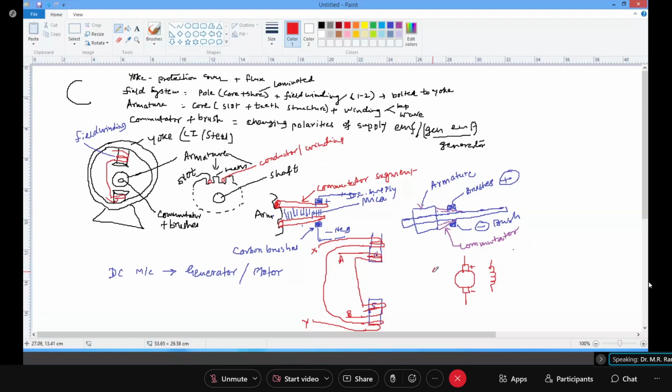Normally these indicate brushes. This is A, and they are marked A in most laboratories. Similarly, this is the winding. I have two windings, but before I go for more windings, I am taking only one winding on the system.